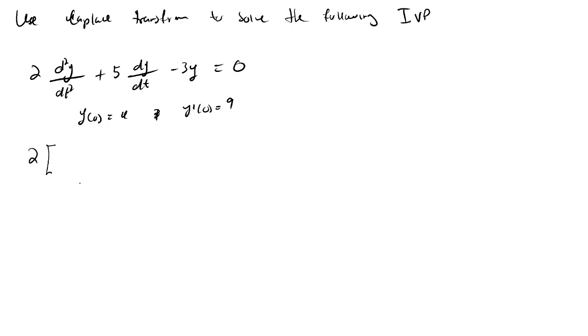s squared y of s minus s y of 0 minus y prime of 0, plus 5. There's a constant in front of the derivative, so I'm going to put the square bracket.